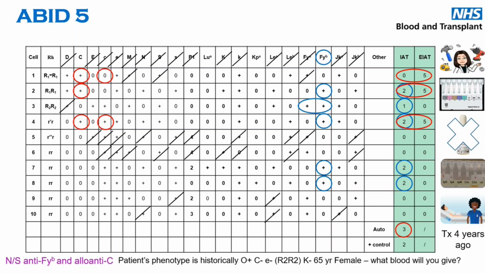So in this case, we do a DAT and the patient's DAT is positive. What you hopefully remembered is that anti-FYB antisera is IgG. You don't know if the patient's been transfused. They haven't. Because I've just clicked ahead there. So they were last transfused 4 years ago, but they've got a positive auto, positive DAT.